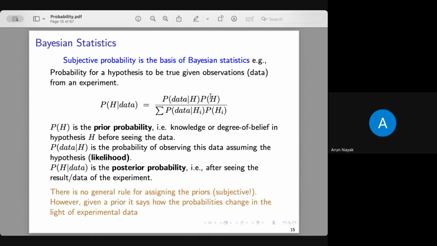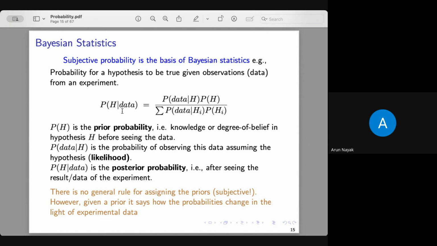Initially you had your belief or probability P of H, which is called the prior probability, that basically indicates the knowledge or degree of belief in that hypothesis before seeing the data. And then you had the data. So given the hypothesis, how compatible is that data with this hypothesis, and given that information, you can recalculate the posterior probability of this hypothesis being true given the data.